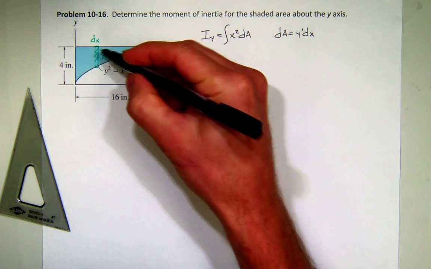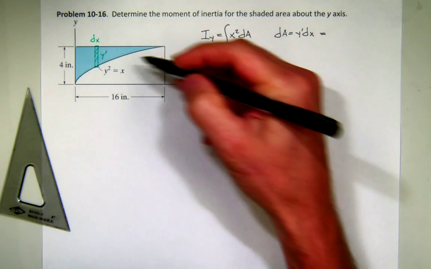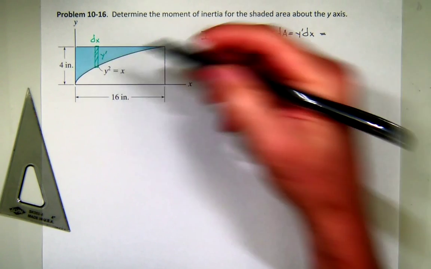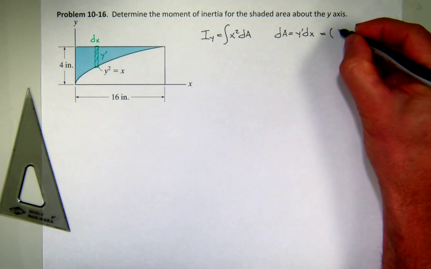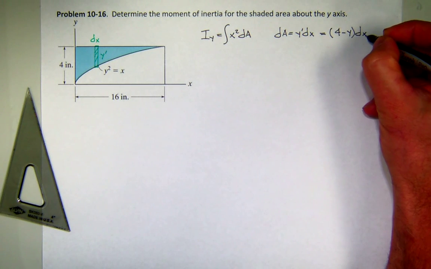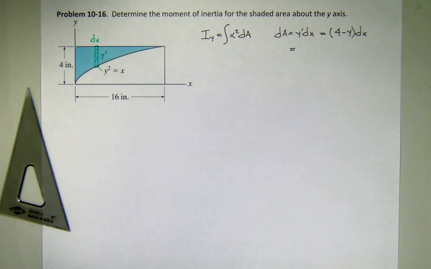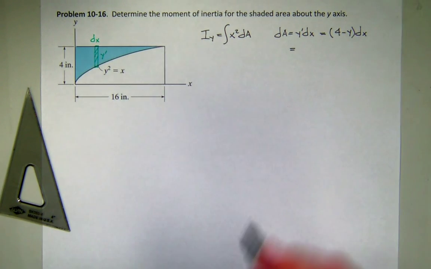So what is this distance y bar? 4 minus y. Yeah, it'll be 4 minus the value for y. So 4 minus y dx, and then of course we have to write that y in terms of x. What's that? Just going to be the square root of x, right?